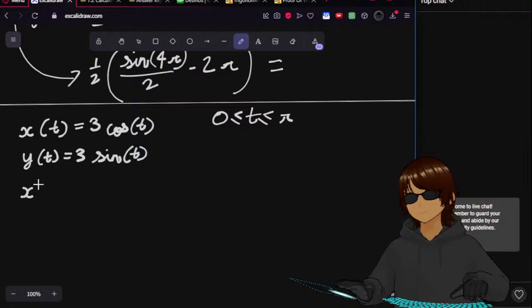And then derivative of cos is minus sine.